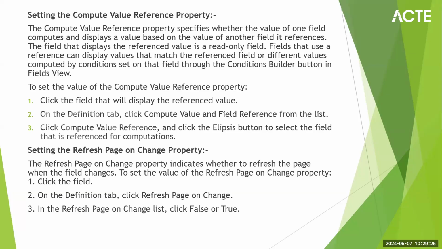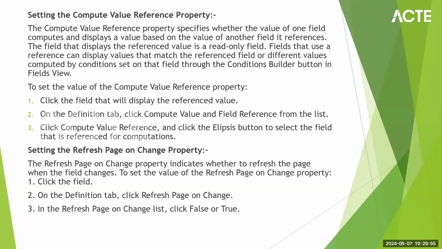If the policy term is 2 years, I change the effective date and expiration date, then the policy change should display as 2. If it is linked to that particular effective date and expiration field, on change of the field the value should be automatically changing. So in that case, we use this property, the compute value reference property.